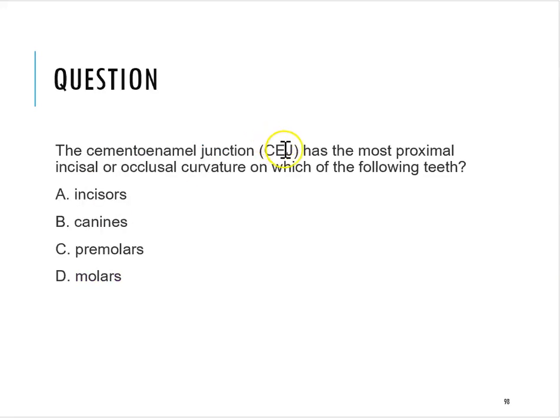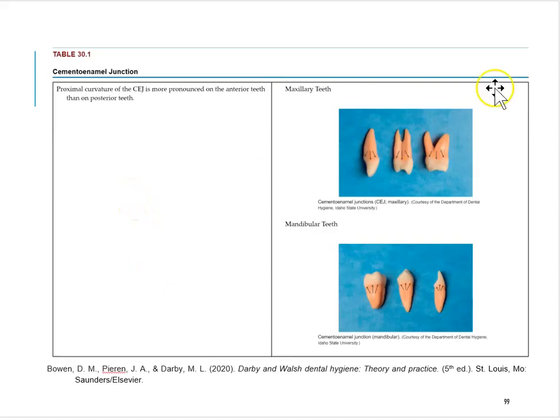So the CEJ has the most proximal incisal or occlusal curvature. So where is it more curved? On which teeth? Incisors, canines, premolars, or molars? The answer is actually A, incisors. So let's look at it.